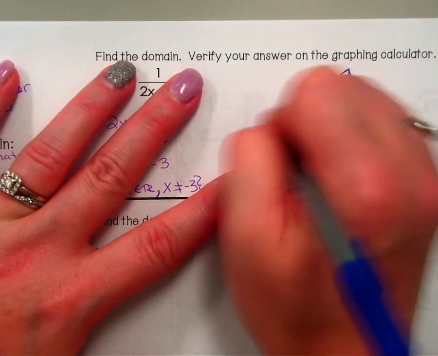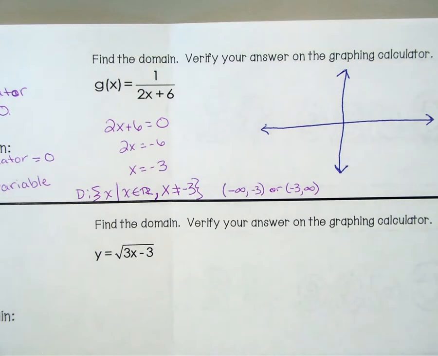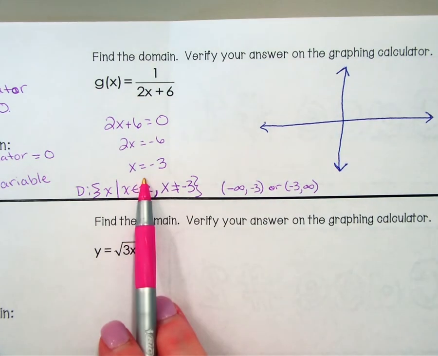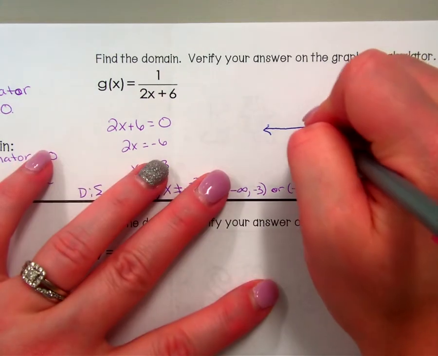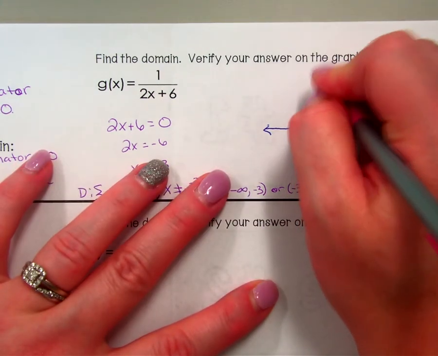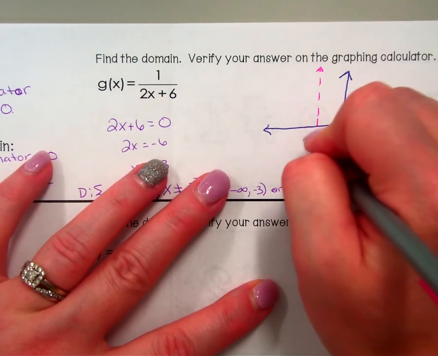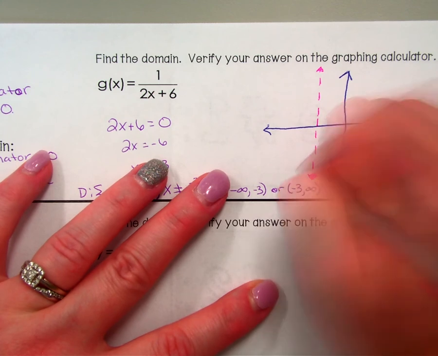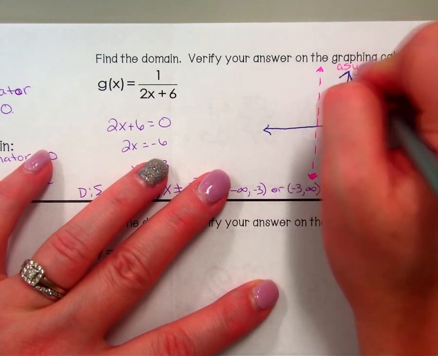So what that's going to look like in your calculator, here's my graph. That value right here, x equals negative 3, is going to create an imaginary line, which we call an asymptote.